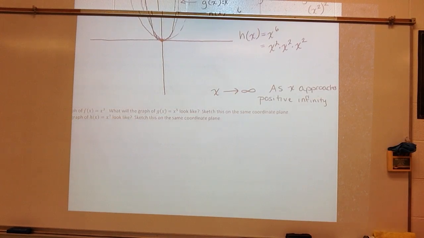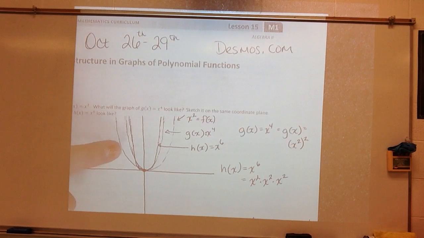So in other words, what's happening as my graph is reaching positive infinity? If I'm looking at these graphs, I'm going to keep drawing and keep drawing, and I can keep going and going, which is where I get that positive infinity. This is where I get that negative infinity.